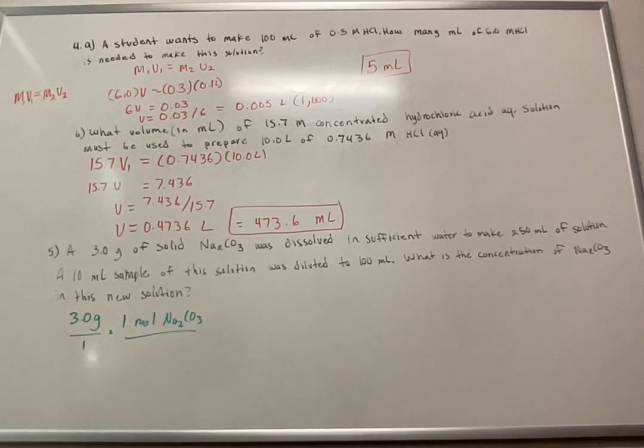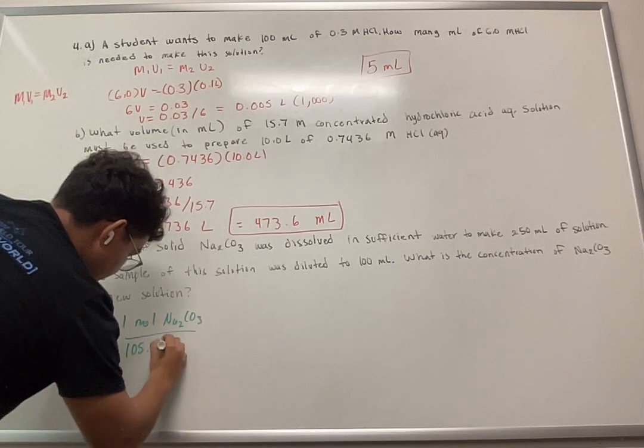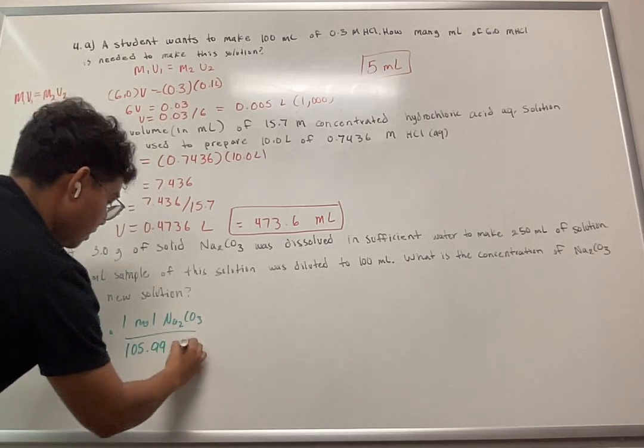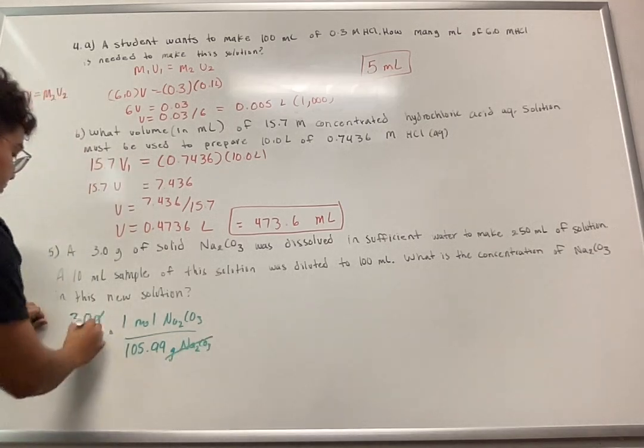So multiply 16 times 3, which is 47.997, and then we add them all up: 45.98 plus 12.011 plus 47.997 gives us 105.99. So now, 105.99 grams per mole of Na2CO3. This cancels out the grams.